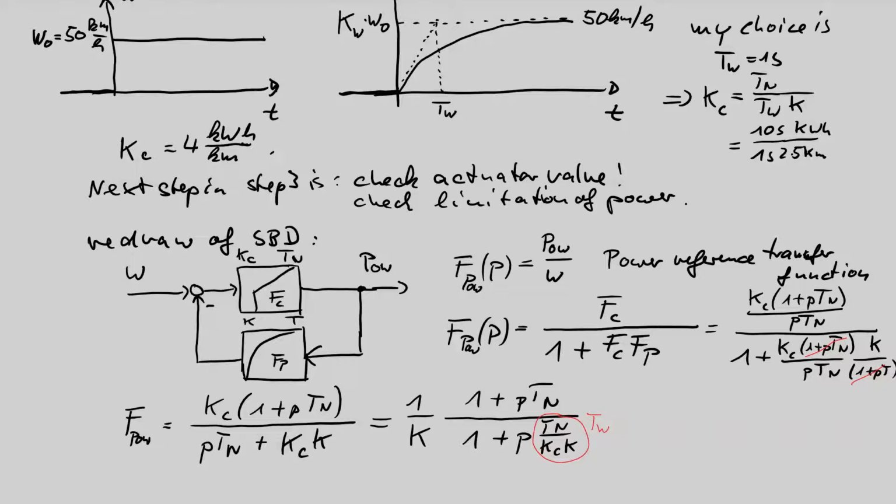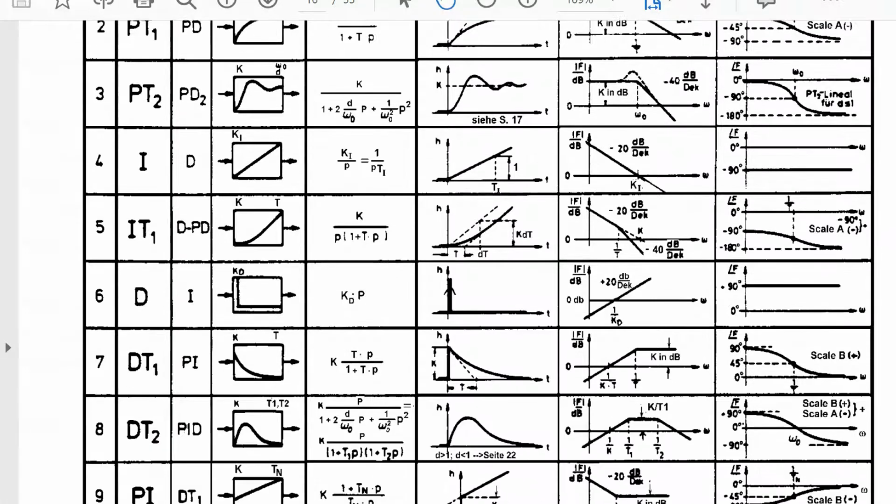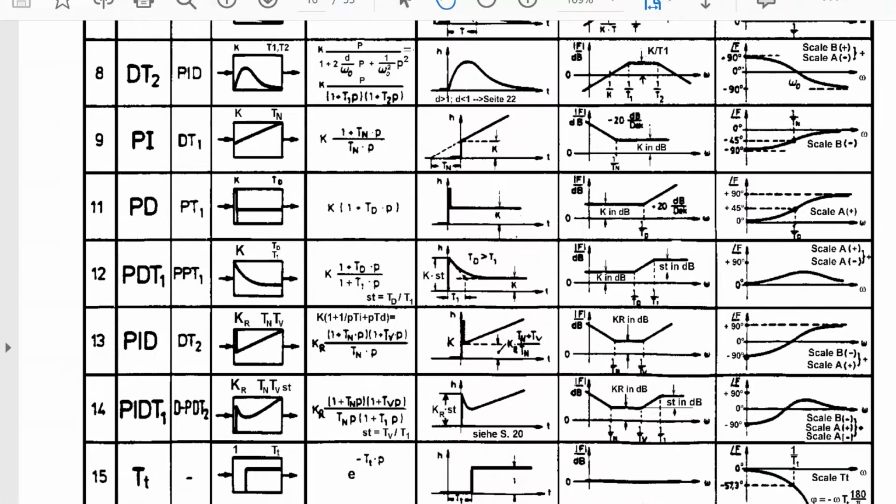So far, do we know this type of function? Let's go into the workbook, and if you remember in the chapter before PI, we have discussed the PD and the PDT1, and look here, the PDT1 is exactly a K with 1 plus P times numerator time constant divided by 1 plus P multiplied with denominator time constant.